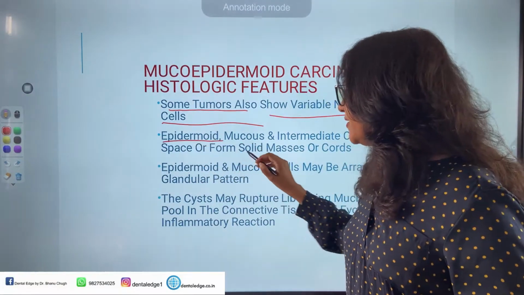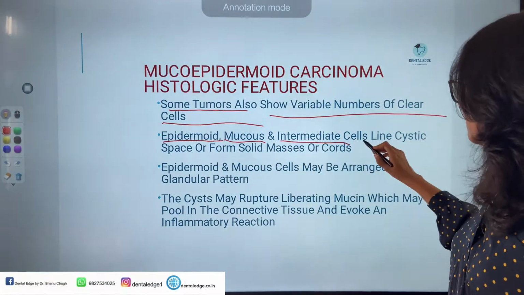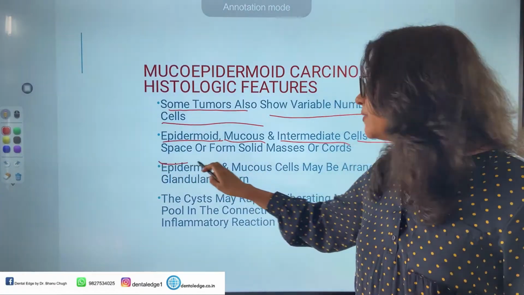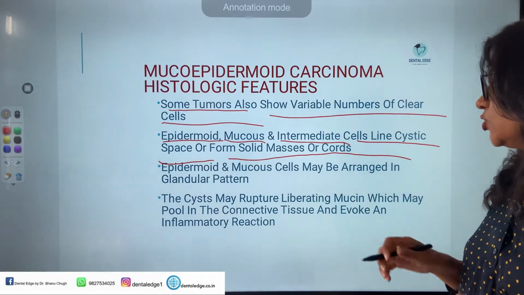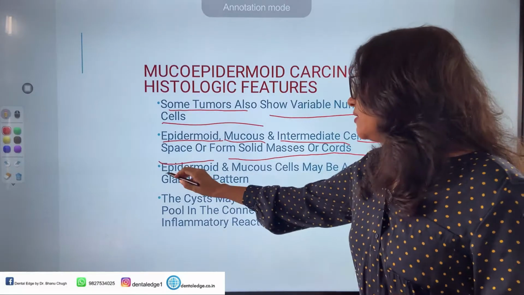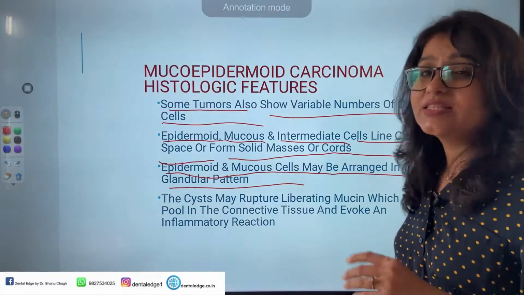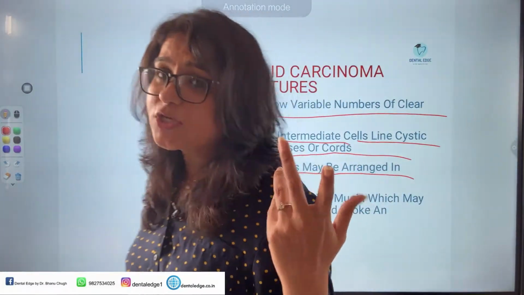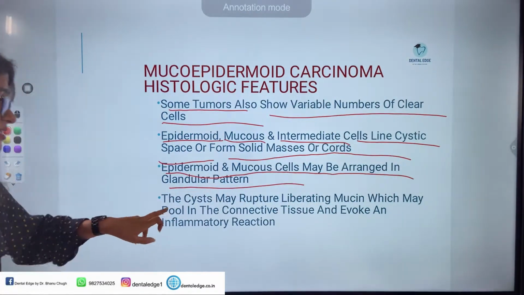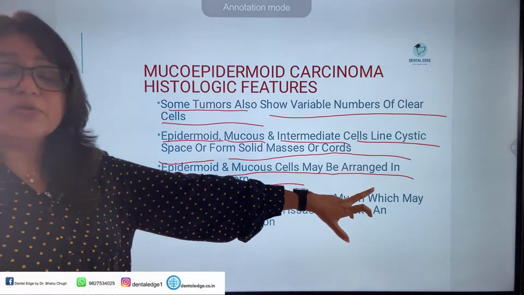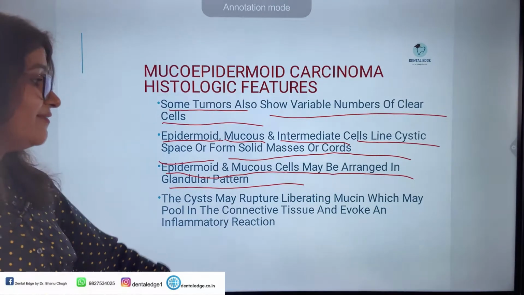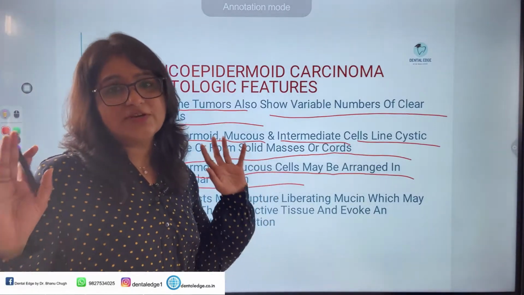They line cystic spaces or form solid masses or cords. Epidermoid and mucoid cells may be arranged in a glandular pattern. The cyst may rupture, liberating mucin, which may pool in the connective tissue and evoke an inflammatory reaction.